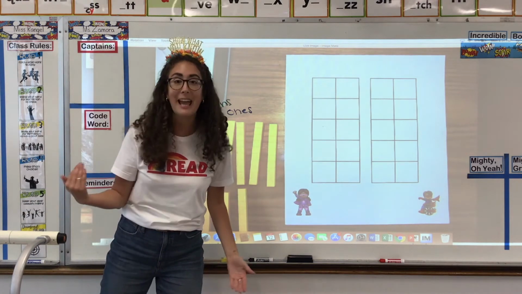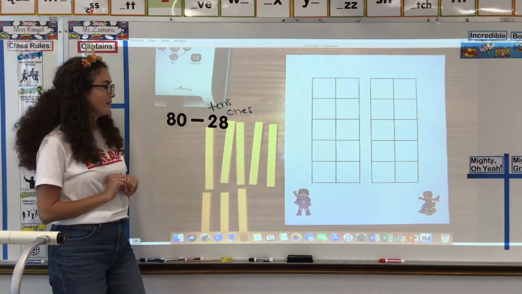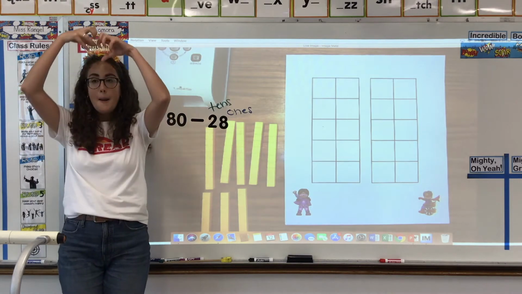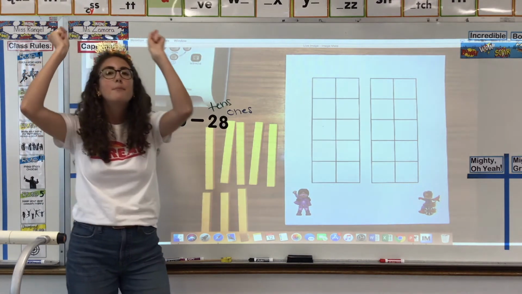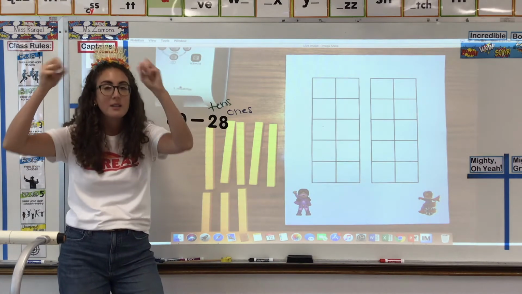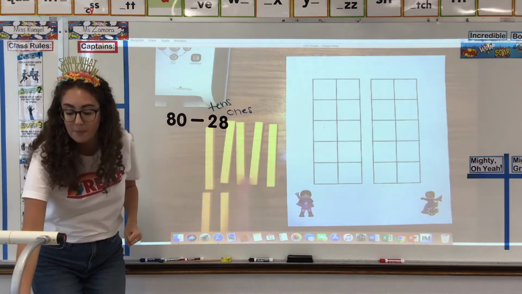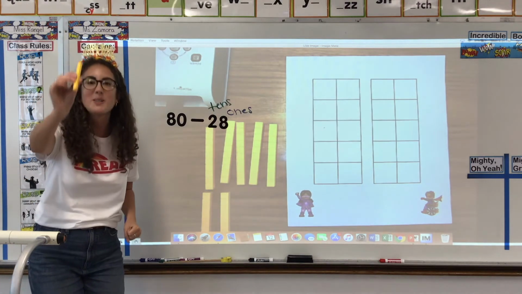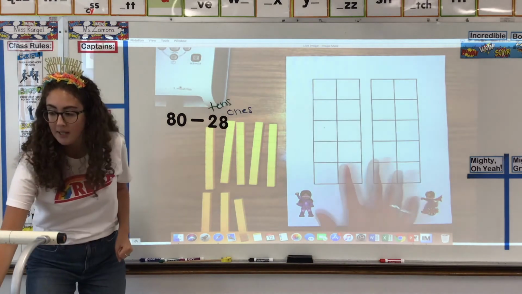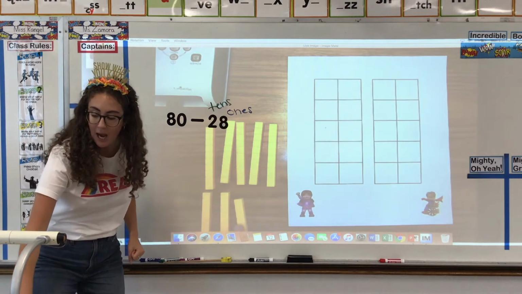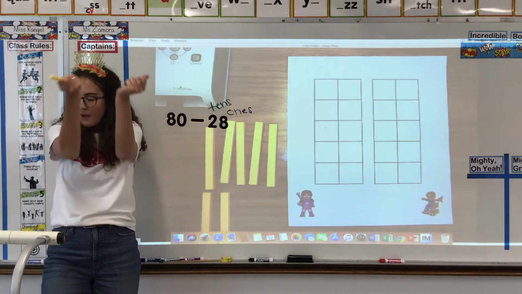Nope, we sure can't. But how can we fix that? What are we going to do, problem solvers? We can, what's the word? Unbundle a, what are we unbundling? Unbundle a 10, the larger unit. So can we go ahead and do that? We want some ones, so we're going to unbundle a larger unit. What happens, my friends?